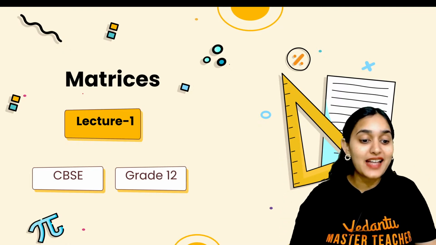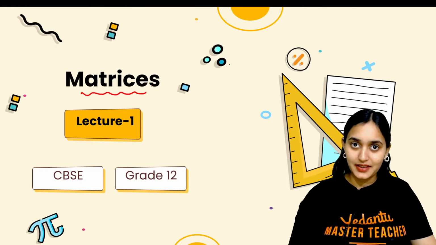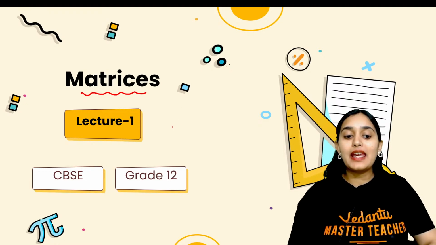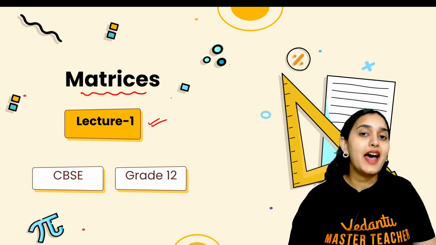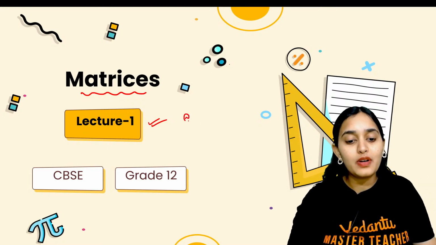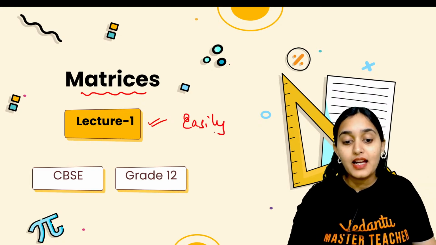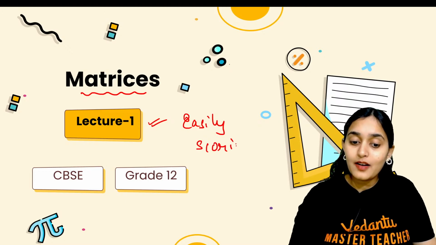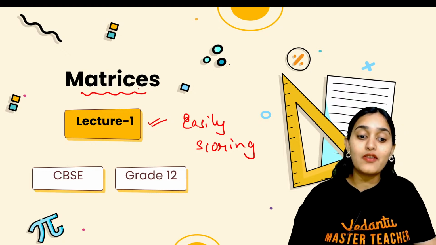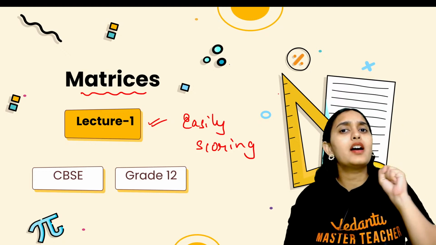Well, today we are starting the Matrices chapter, which is chapter number 3 of your NCERT. Today is lecture number 1, and this chapter is a super easily scoring chapter. It is definitely asked a lot in your board exam as well as in competitive exams. Matrices and determinants hold good value.